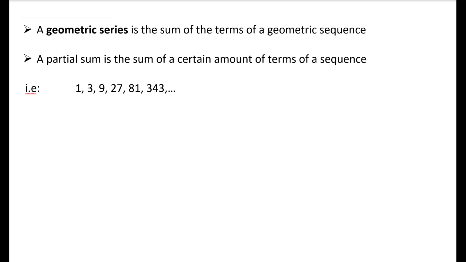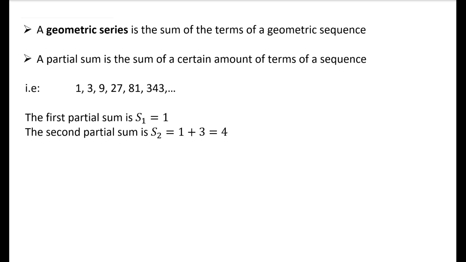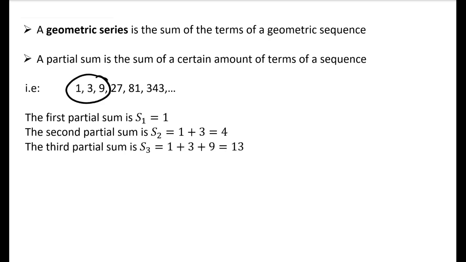So for example, let's say we're looking at this sequence. Now this is a geometric sequence because we're multiplying by 3 to get to the next number, and so on. So we know that this is geometric. The first partial sum is going to be the first term, which is just going to be 1. The second partial sum is going to be given by taking the sum of the first two terms, 1 plus 3, and then you expand that to the third partial sum and add the first 3, and so on.